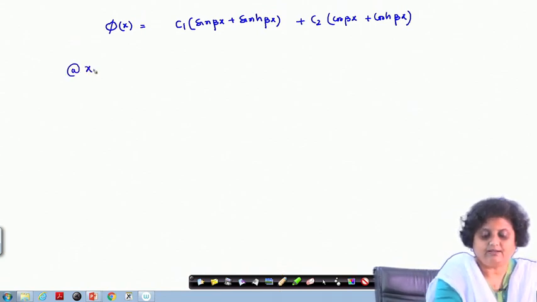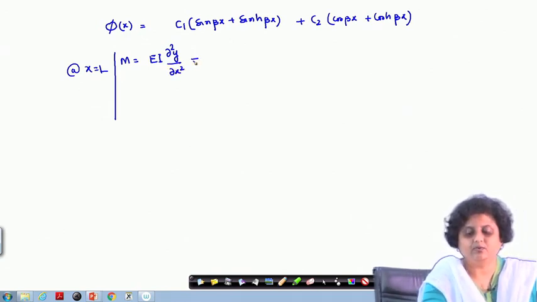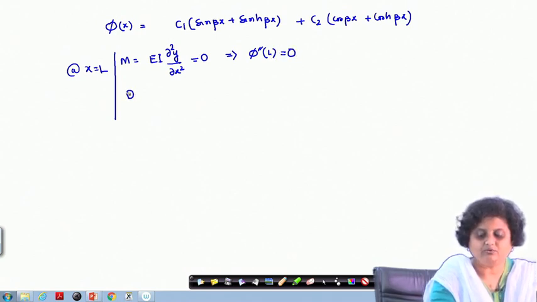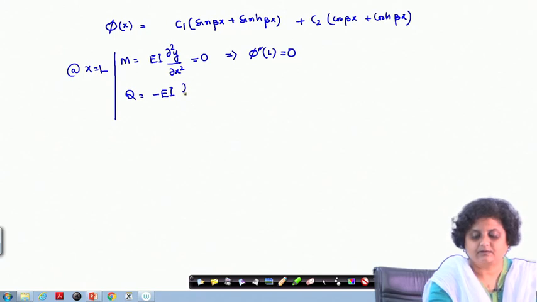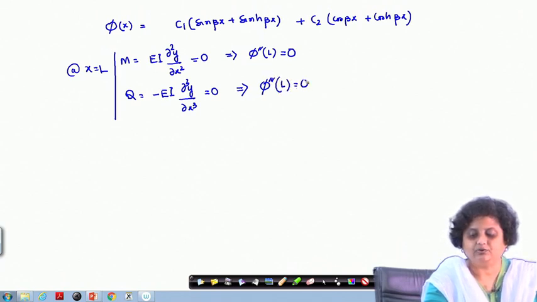At x equal to L, we have similar boundary condition, that moment which is E I, because it is a free end, and no externally applied moment is being given there, I can say this is equal to 0, which is going to imply that phi double dash L is equal to 0, and we can also say that shear force, which is minus E I, which is going to imply phi triple dash L is equal to 0.